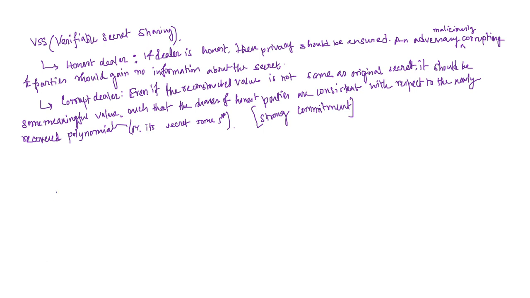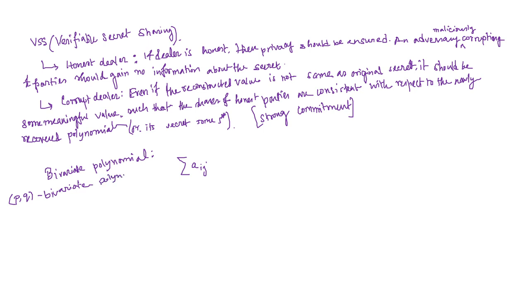Now, to get an instantiation of a verifiable secret sharing scheme, we started studying bivariate polynomials. Now, what is a bivariate polynomial? Let's say some p comma q bivariate polynomial.